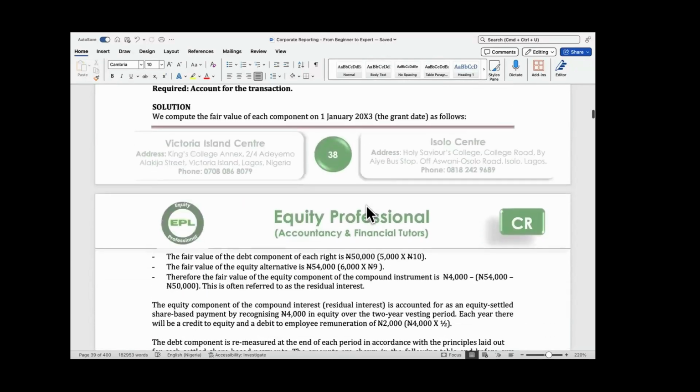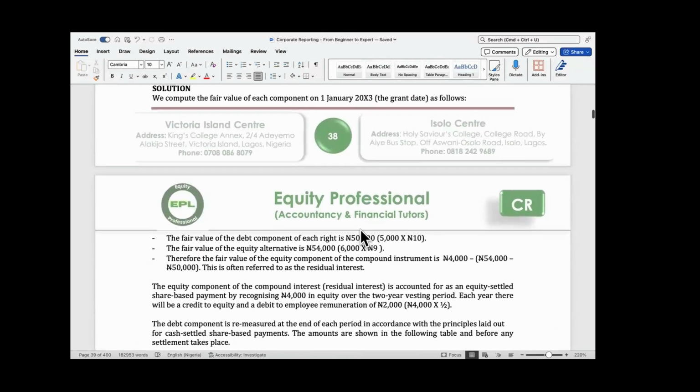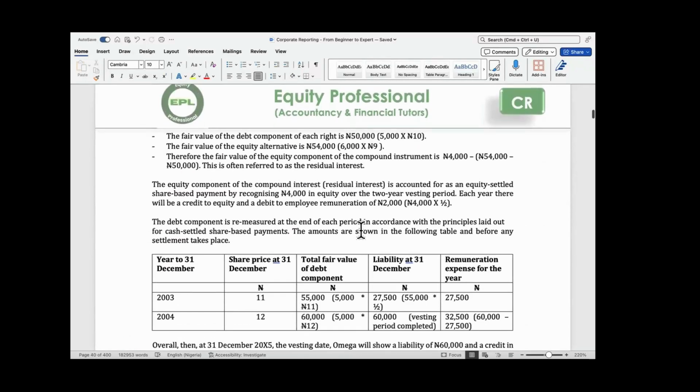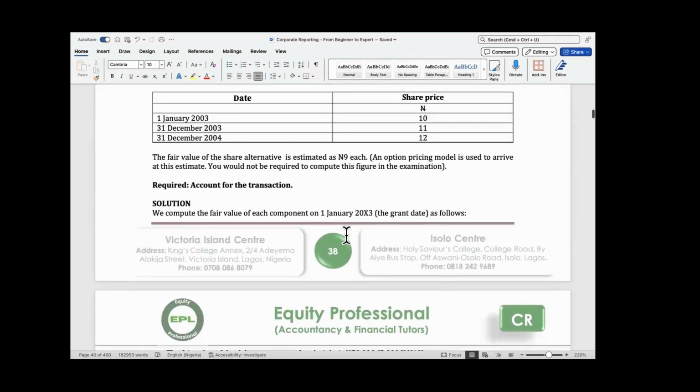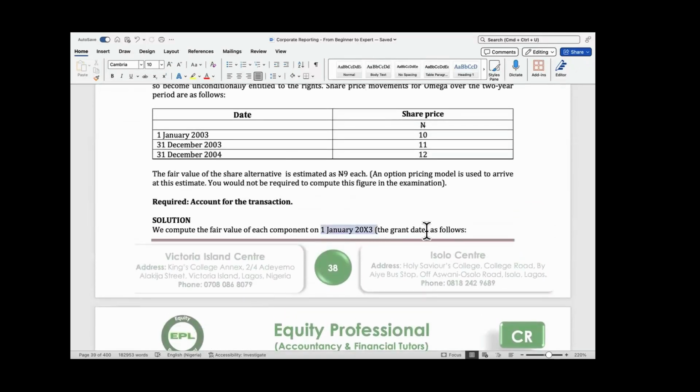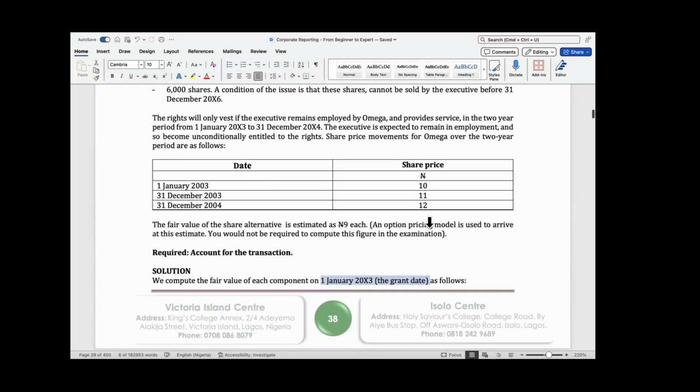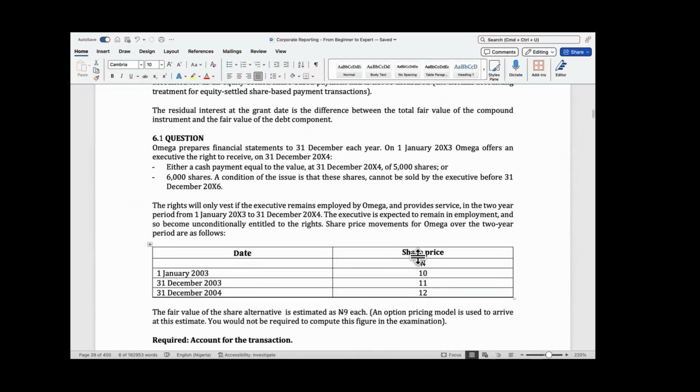So if you look at it, even before the end of the year, so I won't jump the gun. At the beginning of the year, when we want to recognize it in our books at that date, since this is when they issued it, the value of the debt will just be this 10 naira multiplied by that 5,000.